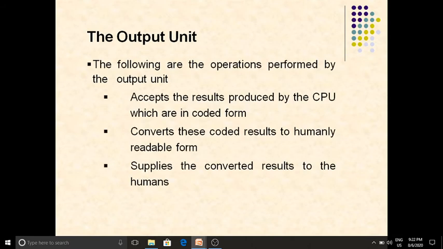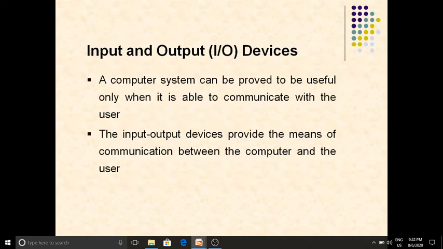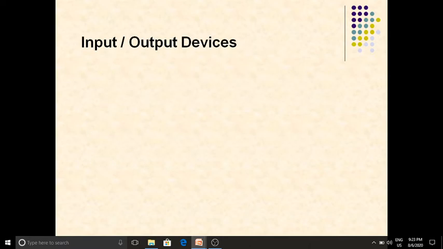A computer system can prove to be useful only when it is able to communicate with the user. The input output devices provide the means of communication between the computer and the user.